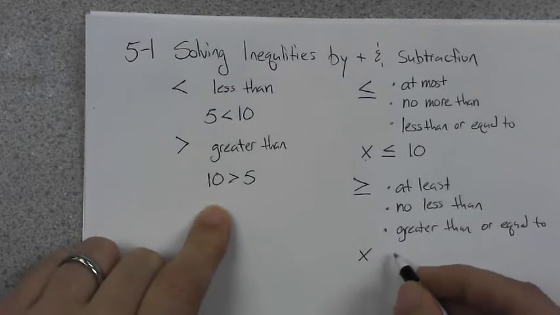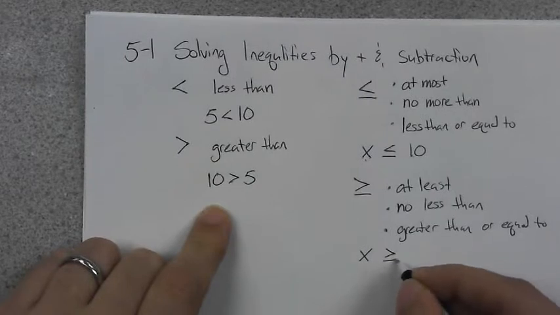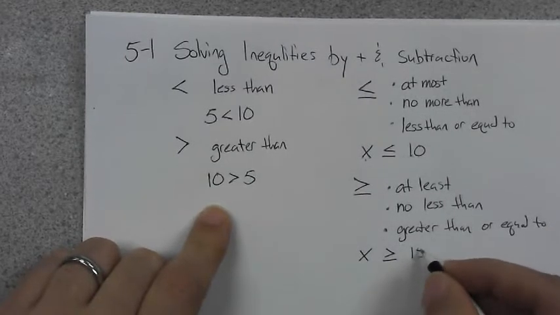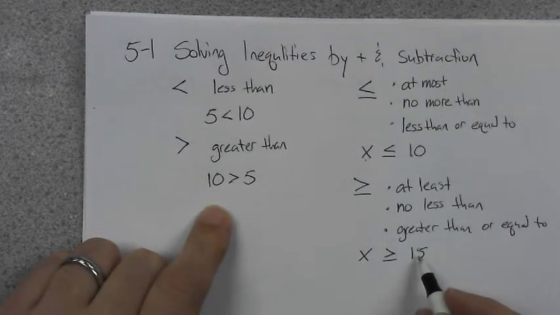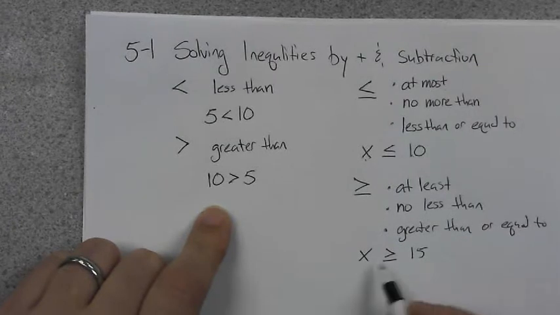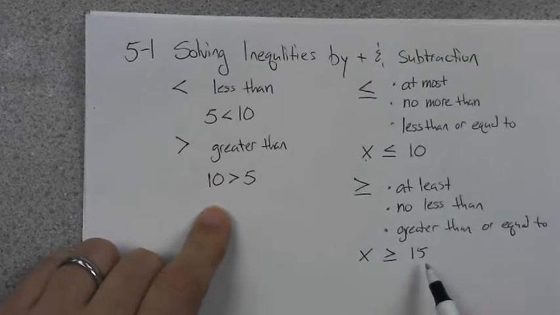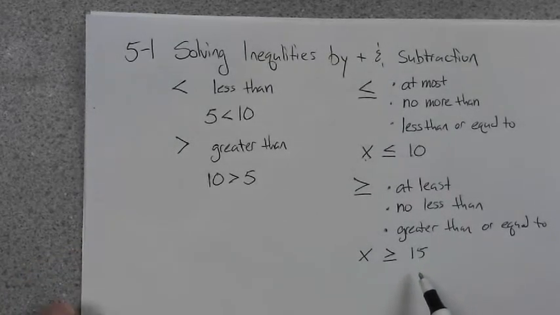So x is at least 15. Could be greater than, could be equal to, can't be less. x is no less than 15, or x is greater than or equal to 15.